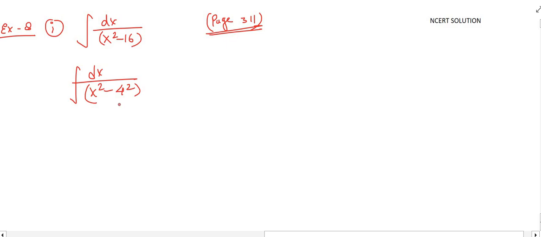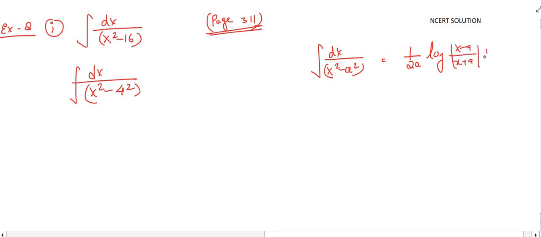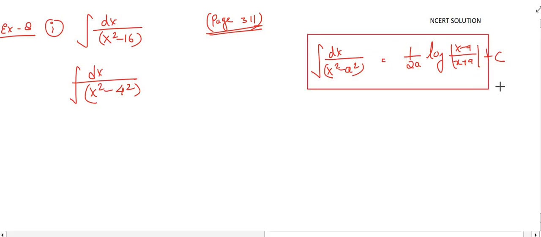And we just learned one formula that integration of dx by x square minus a square is 1 by 2a log of x minus a by x plus a plus c. This is the formula that we just learned, guys, right?